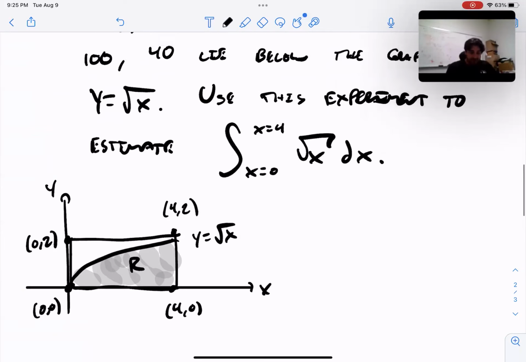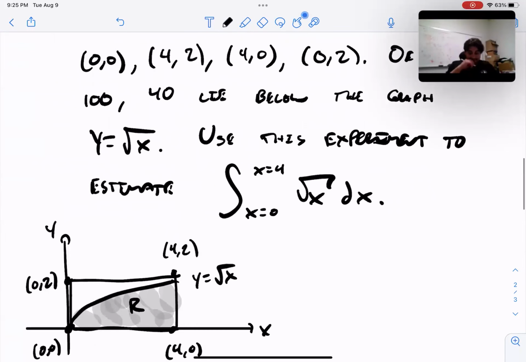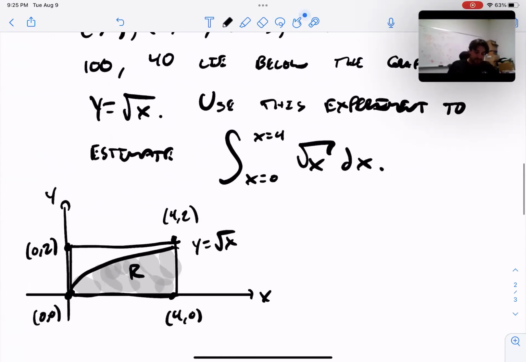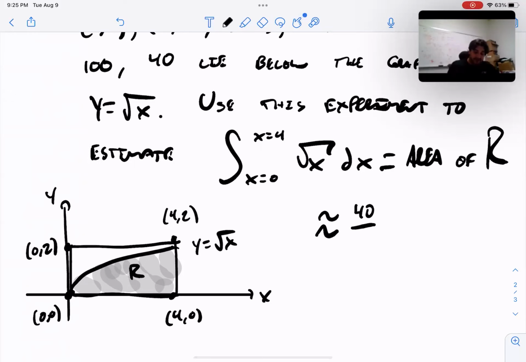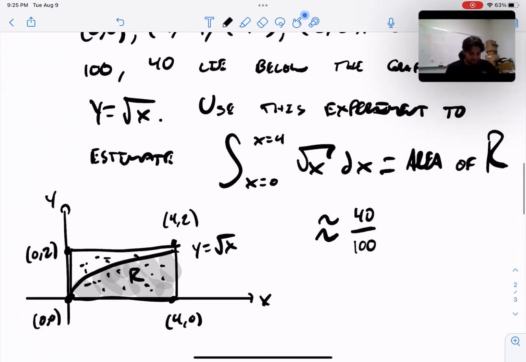So then what would we have here? By this experiment, we would say, okay, the area of R, which is what this integral equals by definition, is estimated to be what? Well, it would be 40 out of 100, right? When we did our 100 points at random, 40 of them landed under the graph y equals root x.